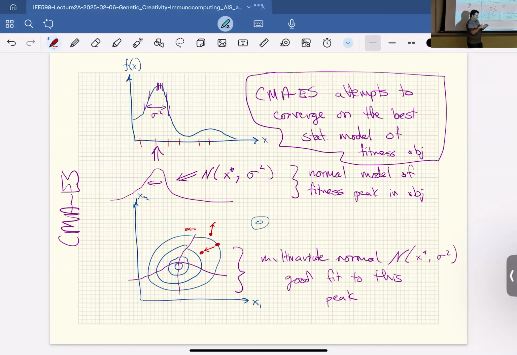So if you have a bunch of candidates, some out here, and then some over here, these are better parents than these. So the mu is going to be a weighted combination of these, which might put the next one right here. That'll be the center of the next distribution. So you kind of ignore these when updating that location.